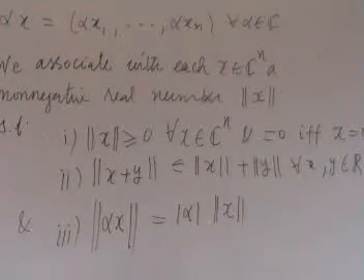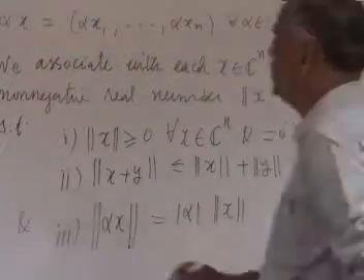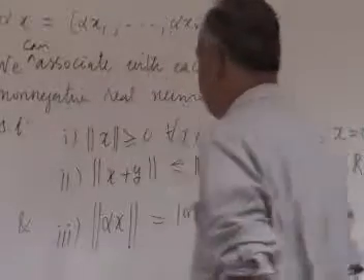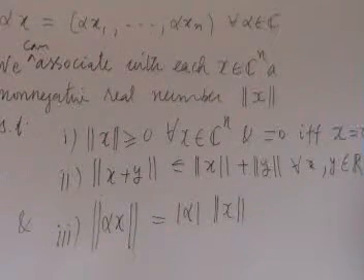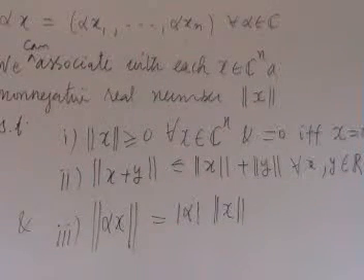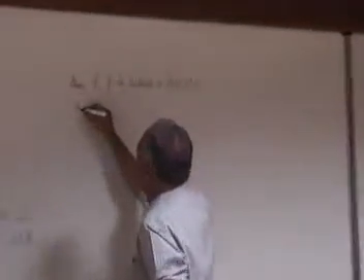This new association makes sense for the vector. If we can associate with each other, then this is called a norm on the vector space.